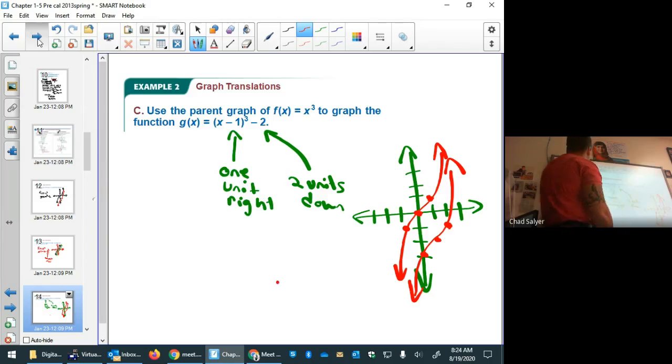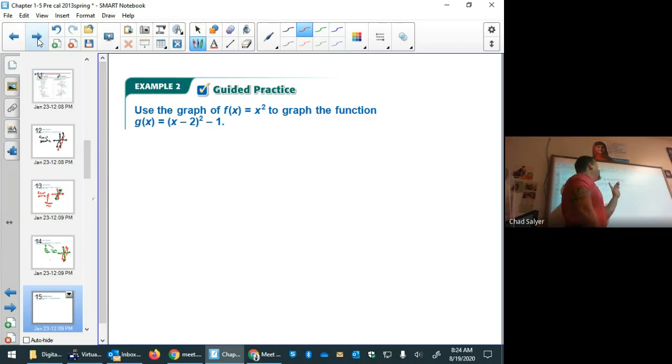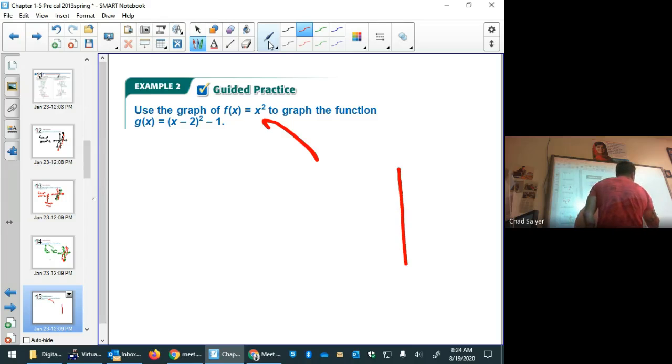Okay. So here's one for you. See if you can figure this out. Pause the video and then come back and see if you're right. Okay, so starting out with f of x equals x squared, I like to use a couple points.